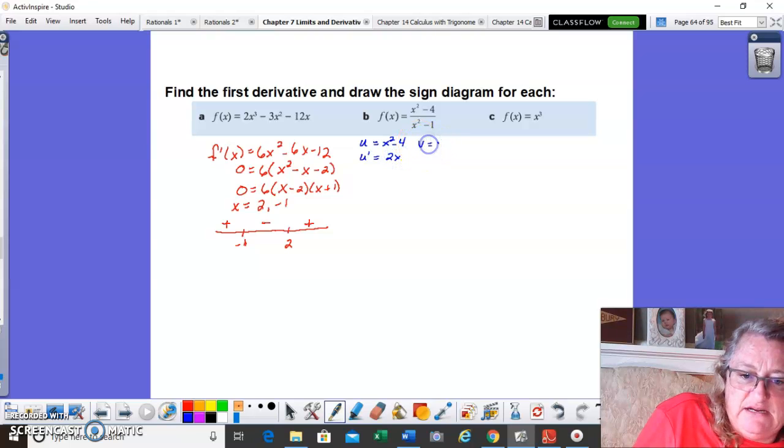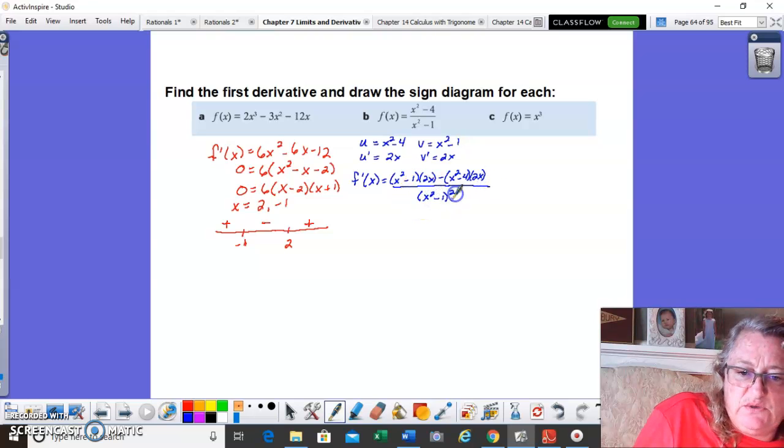And v is going to equal x squared minus 1, whose derivative is 2x. Now, when I put it in the quotient rule, I'm looking at x squared minus 1 times 2x, and then I'm subtracting x squared minus 4 times 2x, and I'm putting that all over v squared, which is x squared minus 1 quantity squared.